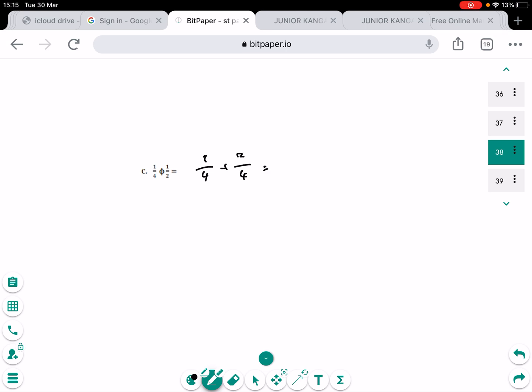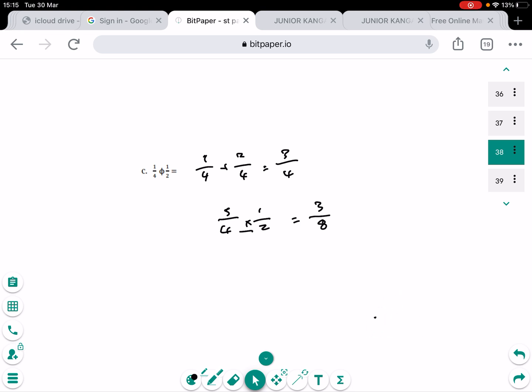So that equals 3 quarters in total, and we need to times that by a half. So 4 times 1, 2. So we just times those two together. So it equals 3 over 8. So that's it for this question.